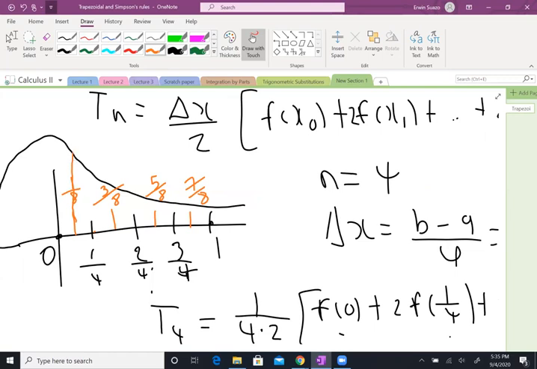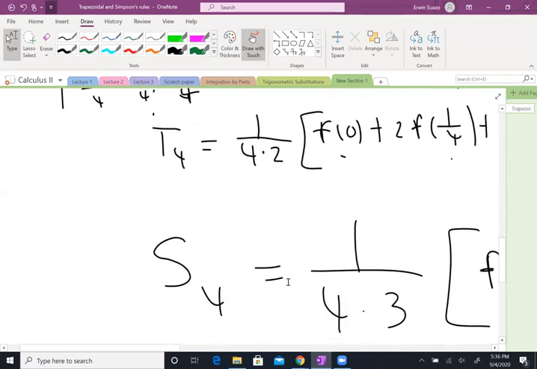So it goes here and then goes here. This is the next one. These are the rectangles. The middle point tells you how tall you are. So 1/8, 3/8, 5/8, 7/8.